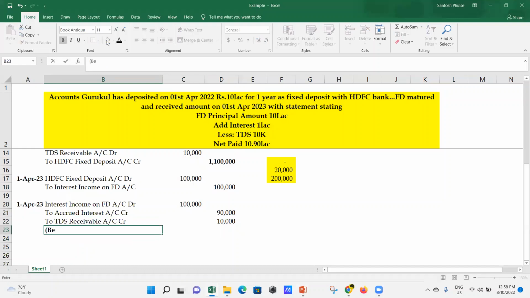You can mention here being reversal of accrued interest.